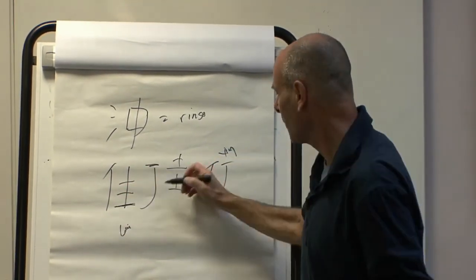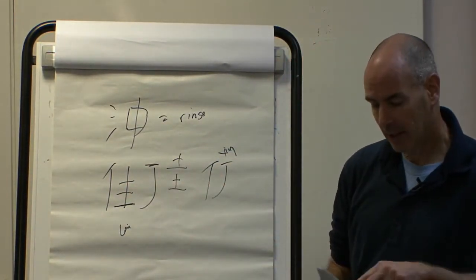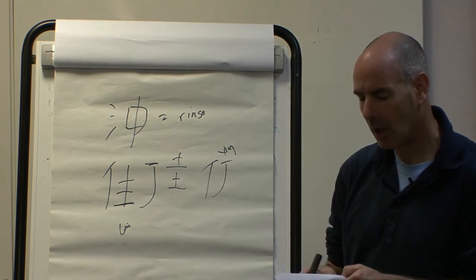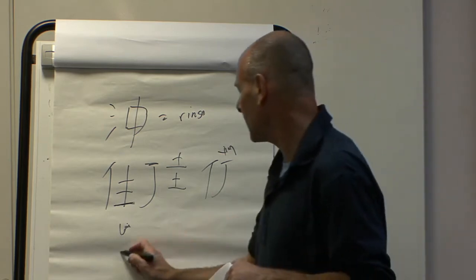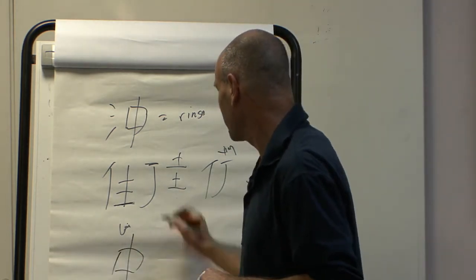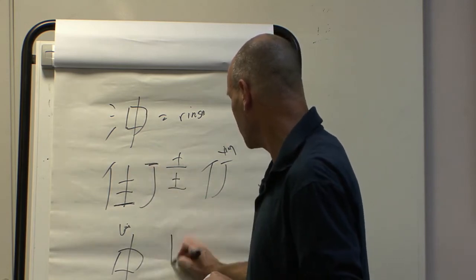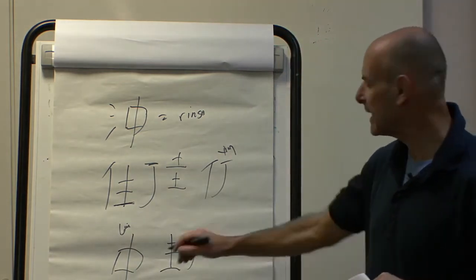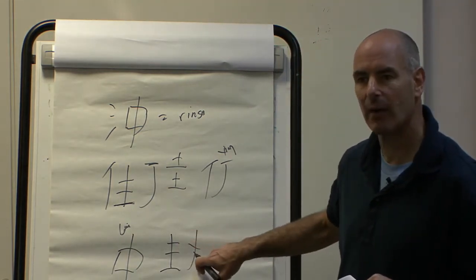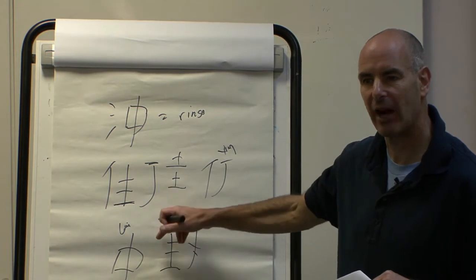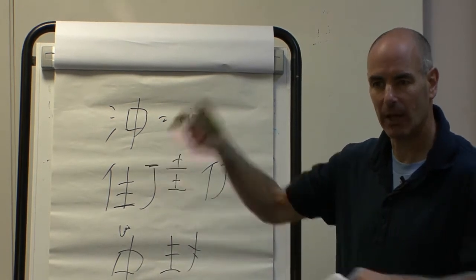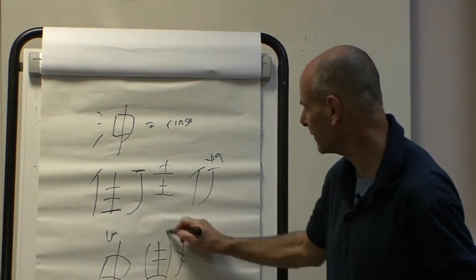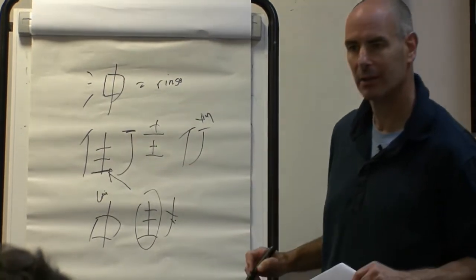So, liver 4, on the other hand, if you flip the page, you'll see the character for liver 4, which is called Zhongfeng. Zhong is center, and this character here with a hand, Feng, is translated as a seal. Seal of approval, meaning the hand confirms this authority. This character here is the same character as Chong.